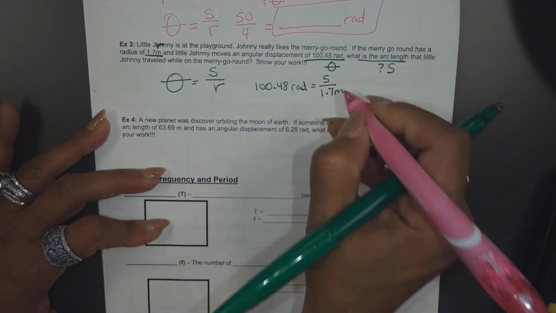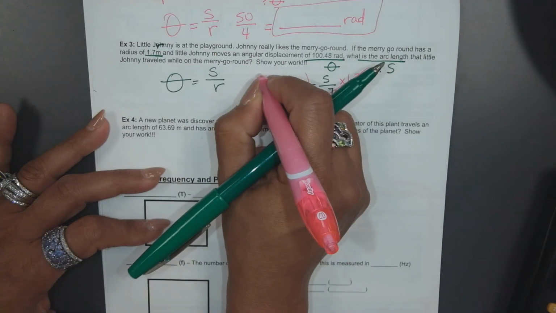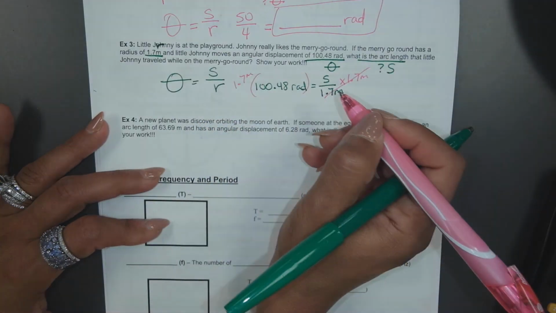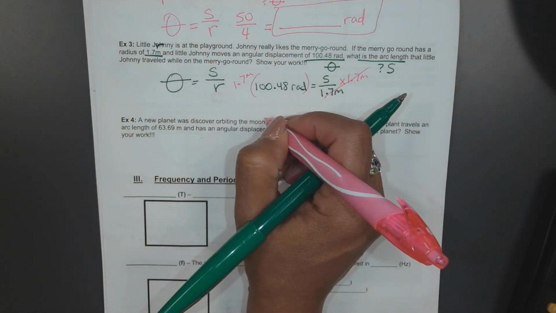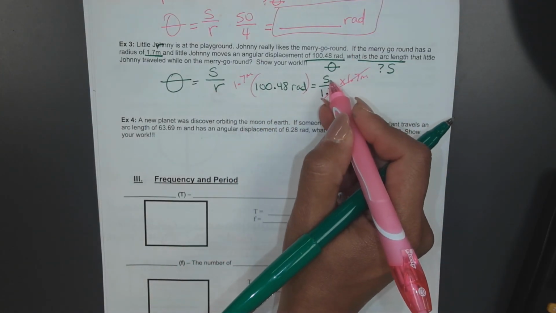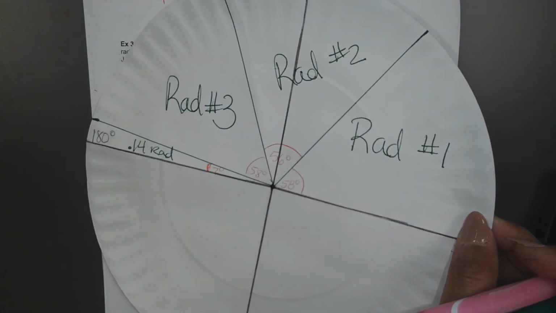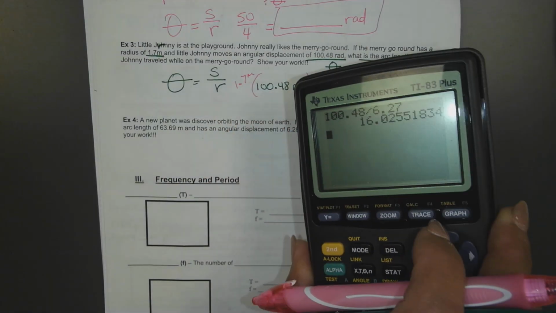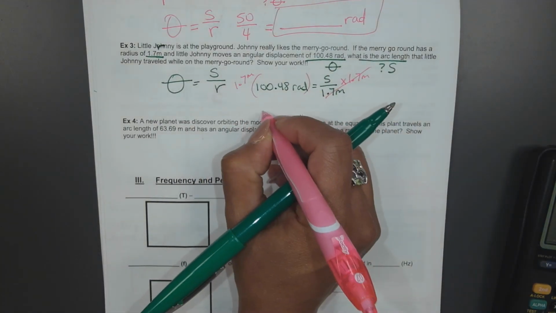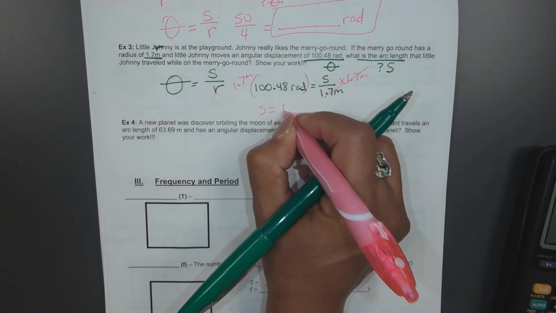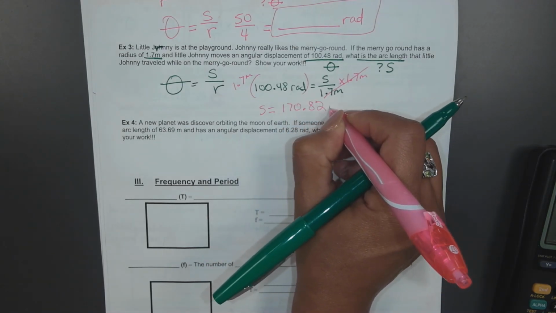I can see that this is being divided, so if I multiply by 1.7 meters, they cancel. Now I can find little Johnny's arc length, or the distance, because if I had a piece of string and wrapped it around the merry-go-round 16.025 times, it would be a distance of 170.8, I'm going to round it up, 2 meters.